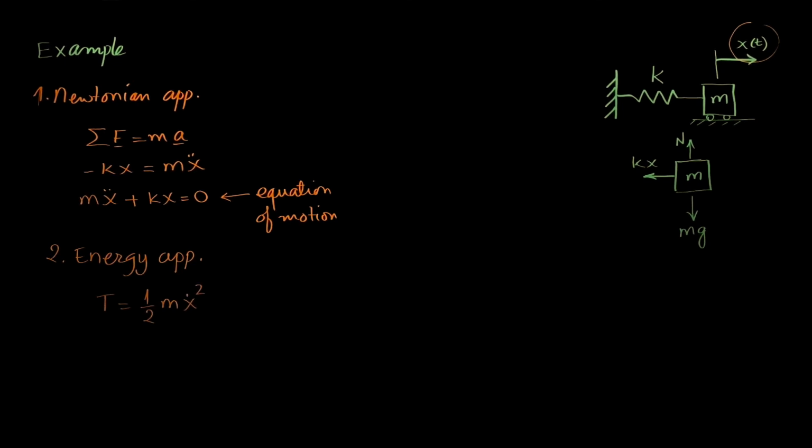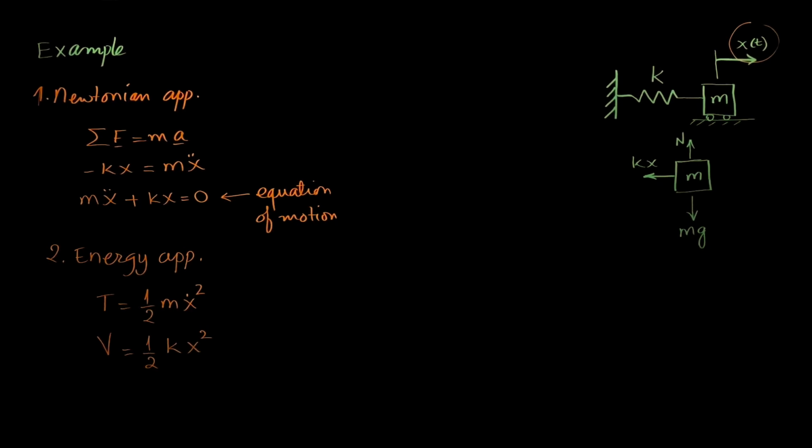The potential energy, we only have one source of potential energy, which is the spring, and the potential energy in a spring is 1/2 kx squared, where x is the deflection in the spring, which is equal to the motion of the mass.